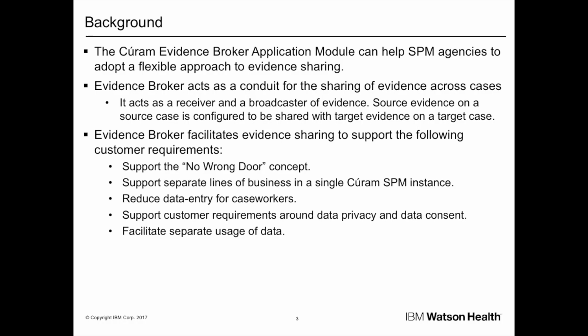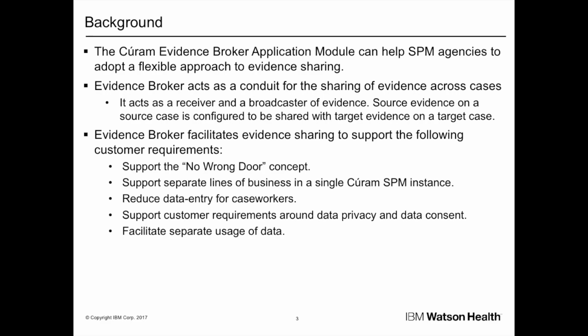Facilitation of separate data usage. Although the agency objective may be to share data across its business units, separation of evidence may still be needed. A straight-through application process provides a good example of this. Straight-through processing for one specific program shouldn't be prevented because another program requires verification of the evidence.